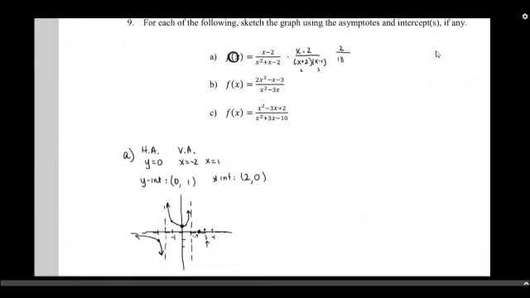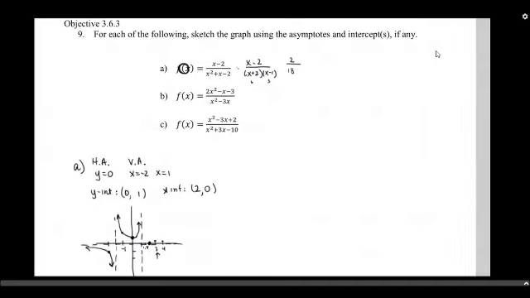Now for 1.5, 1.5 minus 2 is negative 0.5. 1.5 plus 2 is 3.5. And 1.5 minus 1 is 0.5.